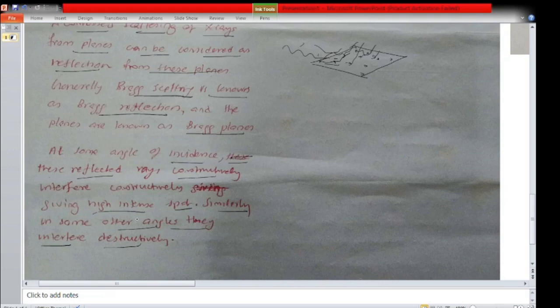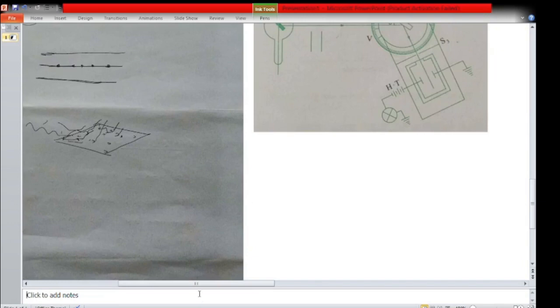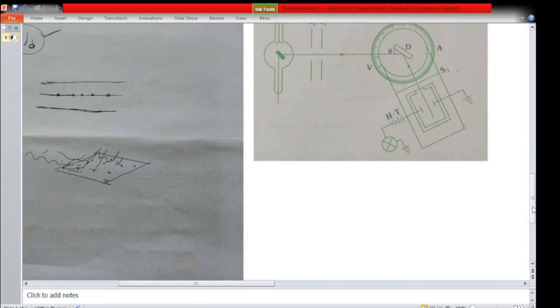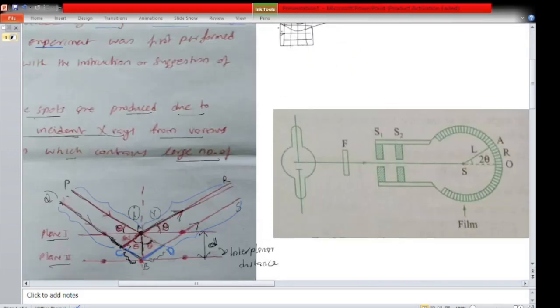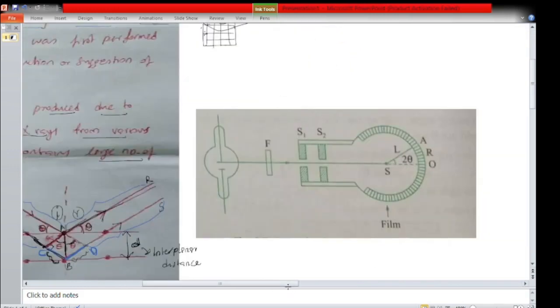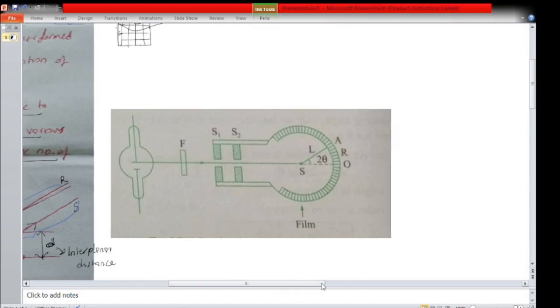Okay, so for this Bragg spectrometer, I will show a diagram. Let me see, yeah, this one. So you can see this is the Bragg spectrometer to study the crystal.